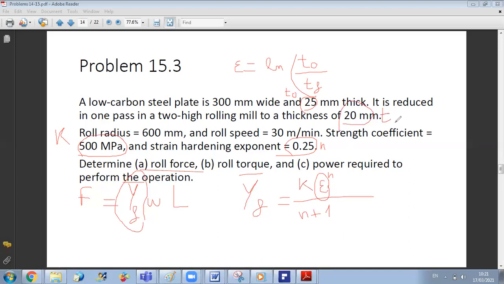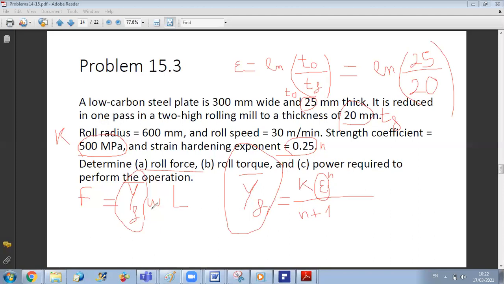I will replace in my formula to get that epsilon is ln of 25 over 20. Once I obtain epsilon, I replace back into my formula, replace K and n by their values, and I can then get the value of the average flow stress.